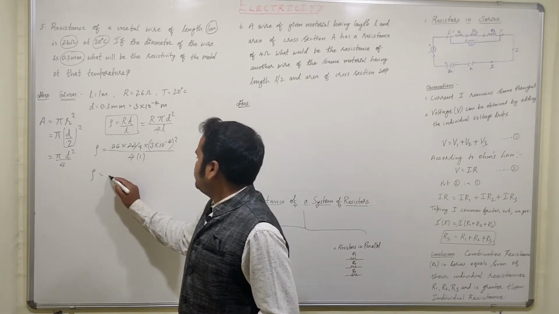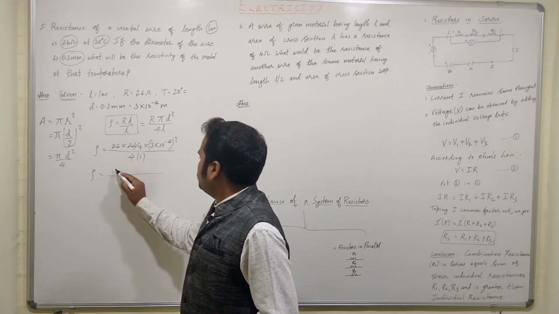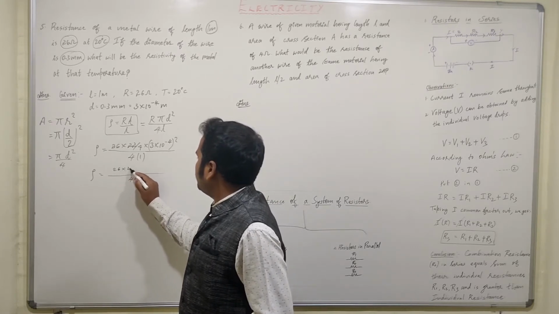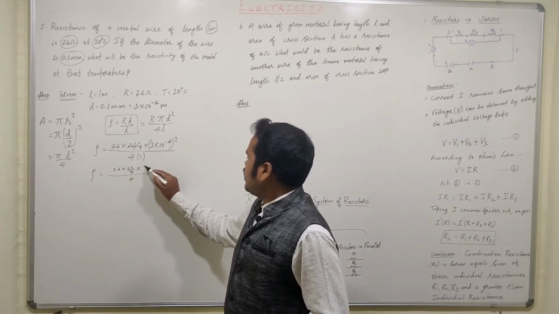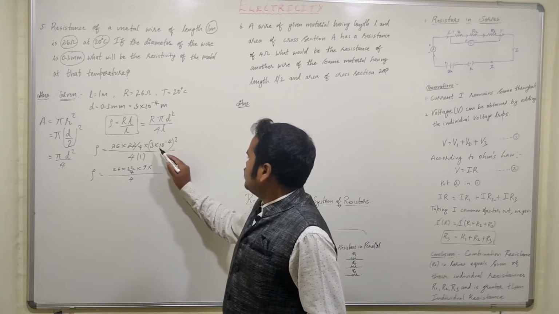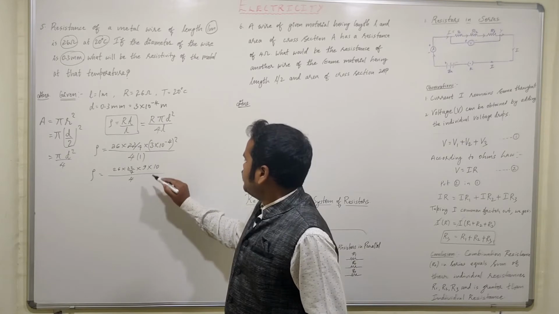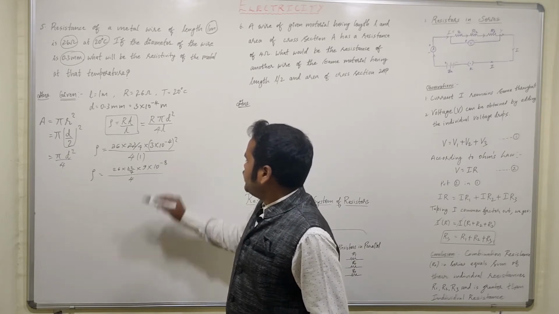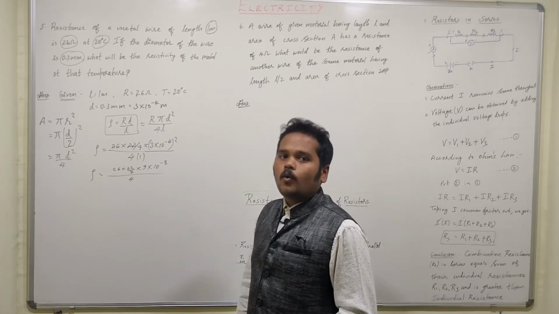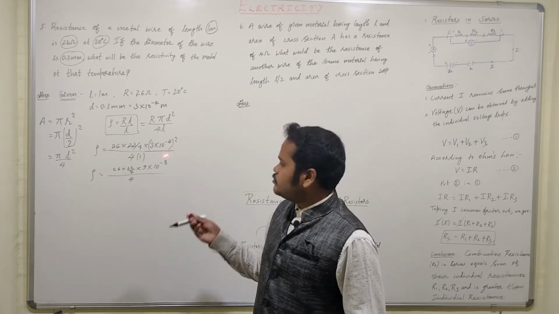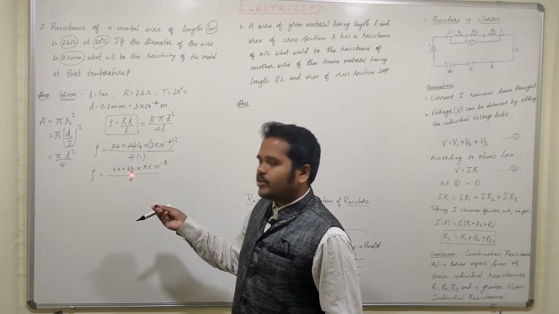Here we have 4 ones are 4. 26 into 22 by 7 into 3 threes are 9 into 10 to the power minus 4 into 2, that is 10 to the power minus 8. Now 4 by 1, when we reciprocate it, becomes 1 by 4, so this 4 comes along with 7.